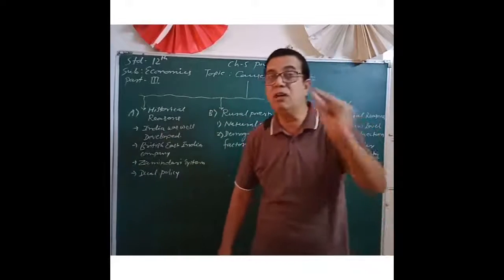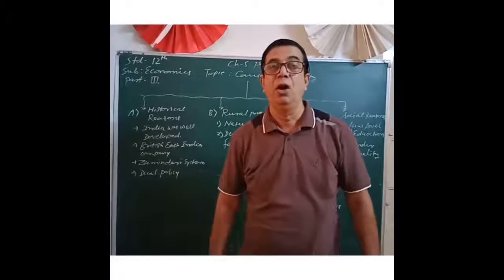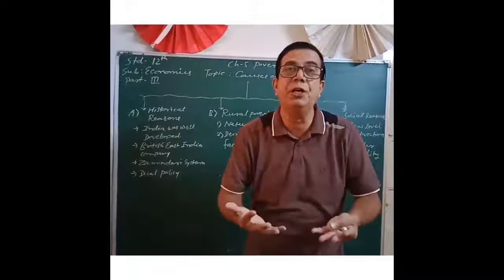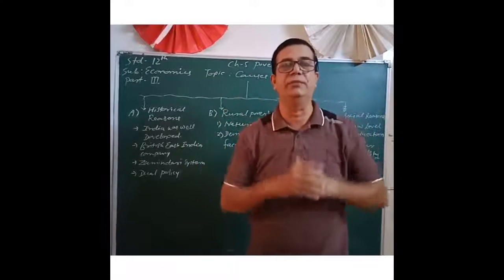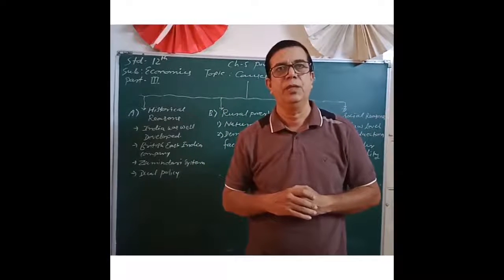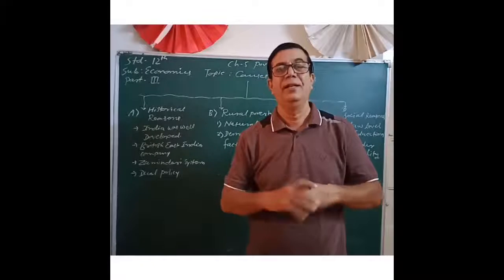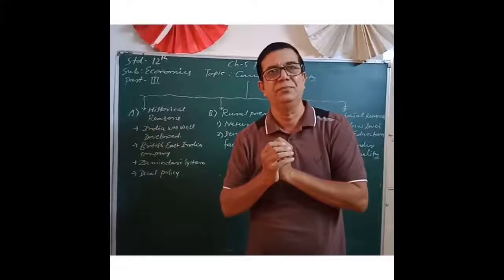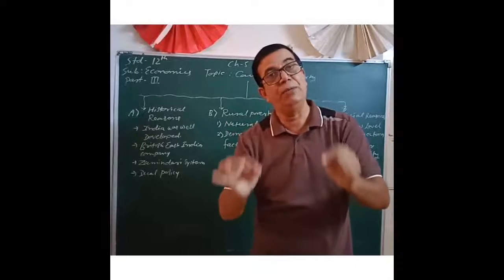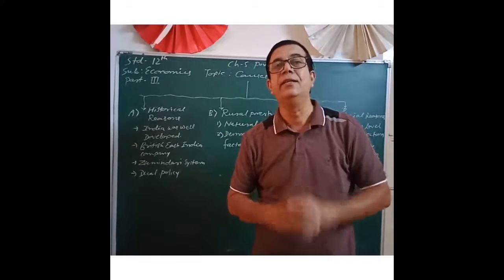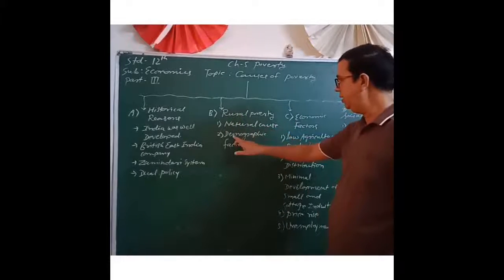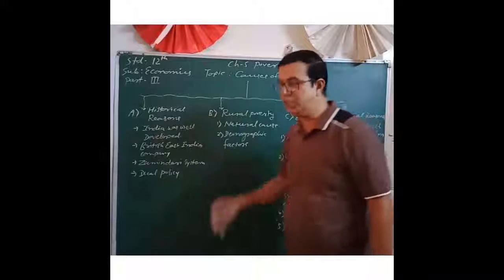Because of high population, out of total production, most of the production they consume for themselves. That's why they can't sell the rest of the production, and that's why the problem of poverty is there. So in the rural area, two reasons: one is the natural cause, second is the demographic factors.